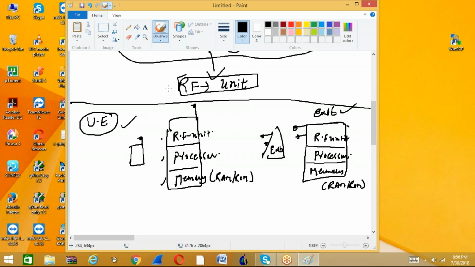The basic thing is, there are some divisions in the memory. In this memory we will put your protocol stack, means protocol software, and your Android software.